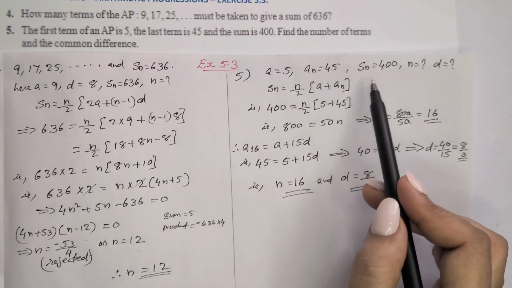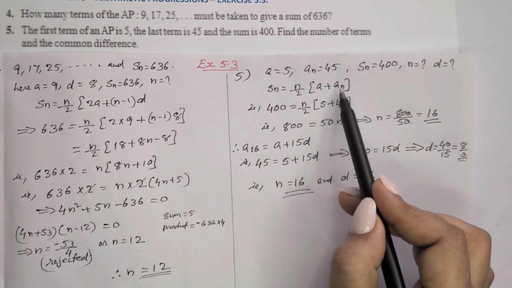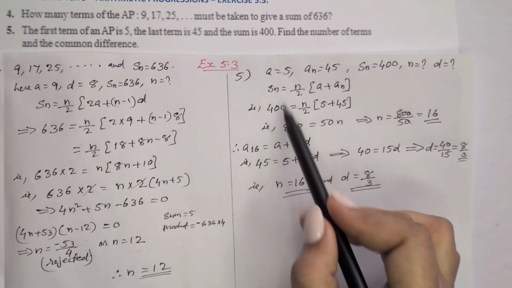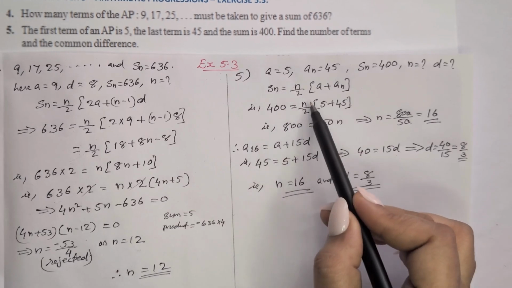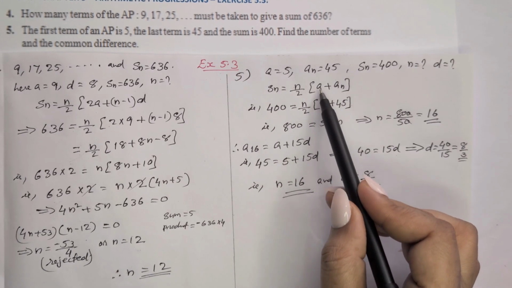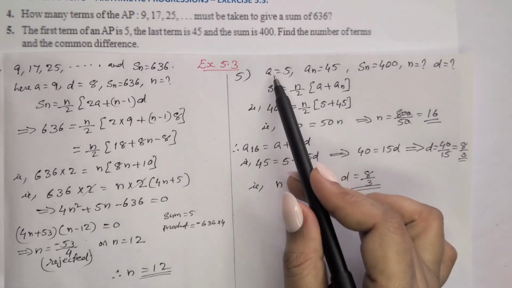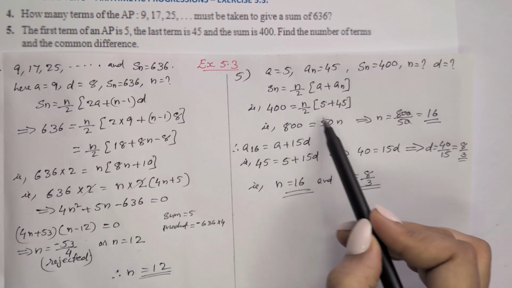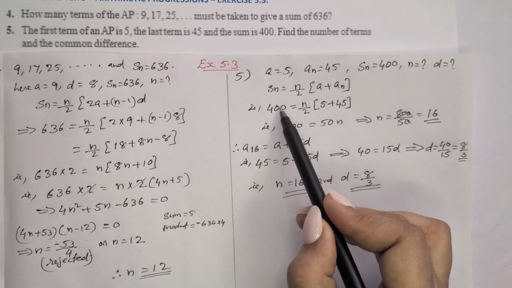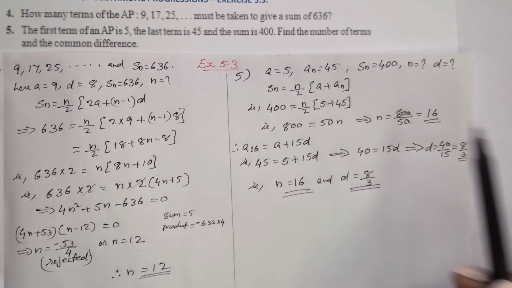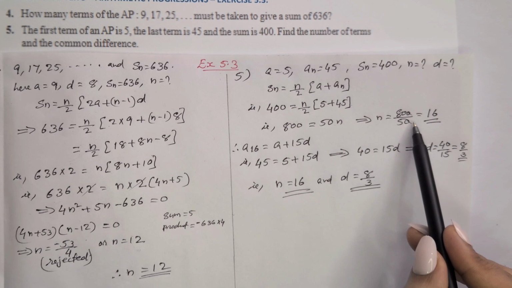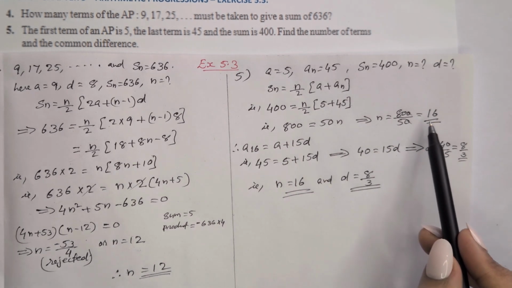So we can put the given values in the sum formula. 400 is equal to n by 2 into first term plus last term, 5 plus 45, that means 50 n. Cross multiply, 400 into 2, 800. From that n is equal to 800 divided by 50, which is equal to 16.